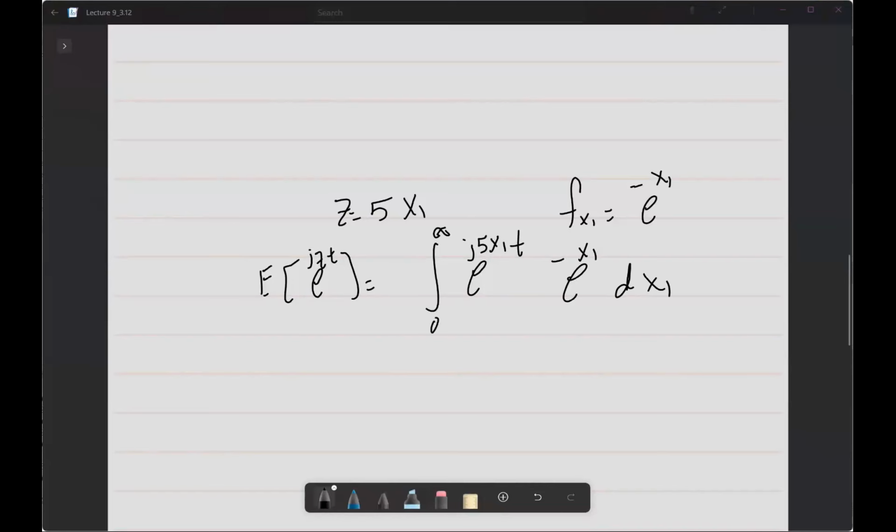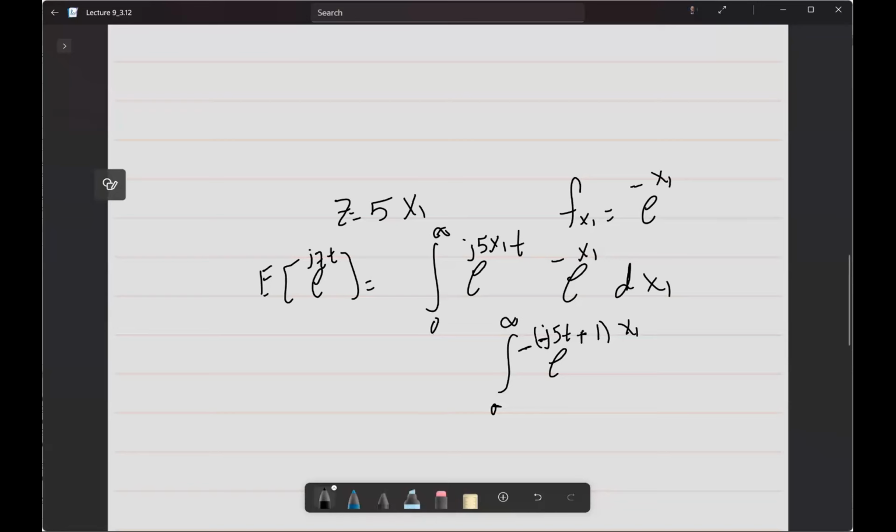Then the integration, as we have it from 0 up to infinity, of e to the j5t. I am trying to solve it step by step, so it is good also for you to remember how to do these calculations. Then it becomes minus 1 multiplied by x1, or you can take the negative sign outside.